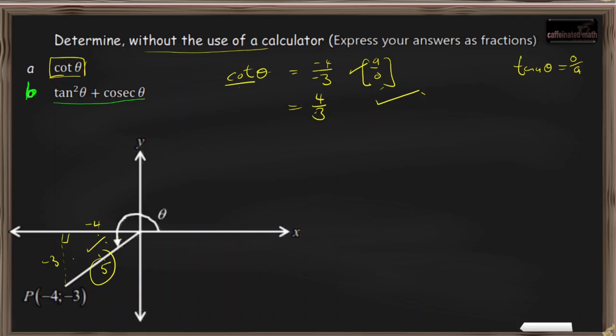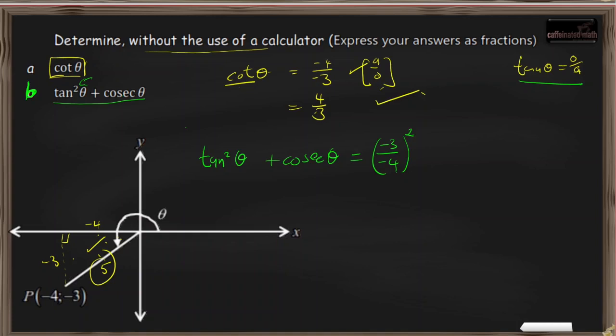Well, tan squared of theta plus cosec of theta is just going to be equal to, well, we already established what tan is, so that's opposite over adjacent. Let's read that off. So that's minus 3 over minus 4. However, tan was squared, so this ratio must also be squared.